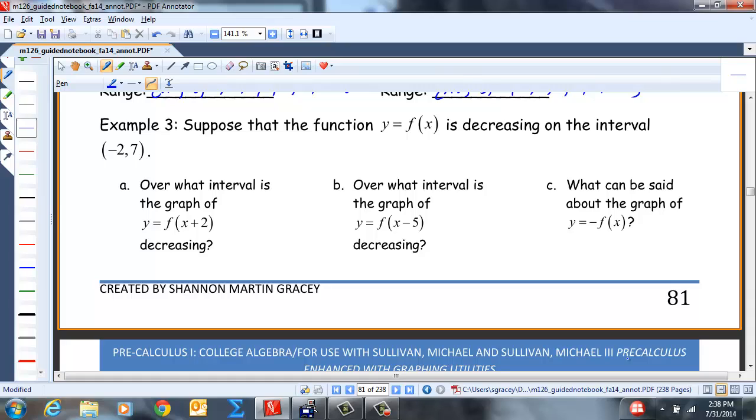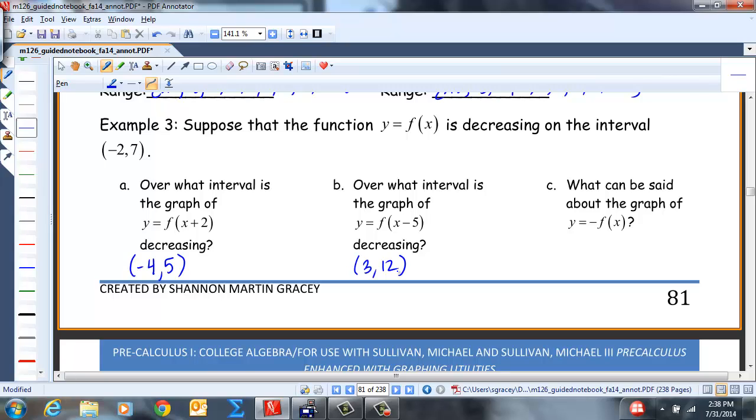So basically, you'd have to go from -4 to 5 to have the same behavior. Good so far? Okay, now same scenario, but now you've done a shift of 5 to the right. So you'd add 5 to each endpoint, and you would get 3 to 12.